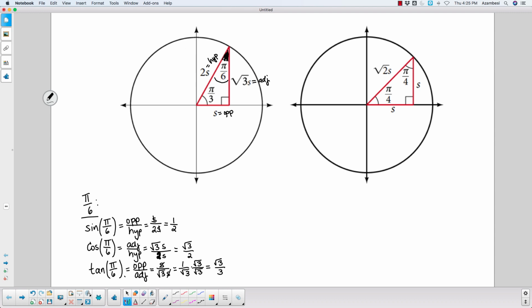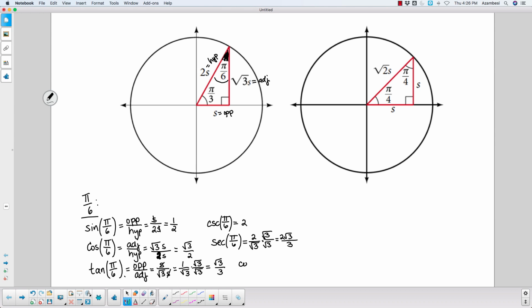Now if we're looking for the cosecant of pi over 6, remember that that is the reciprocal of sine, so 2 over 1 or 2. The secant of pi over 6, reciprocal of cosine, so 2 over the square root of 3, and rationalizing our denominator, we get 2 square root of 3 over 3.